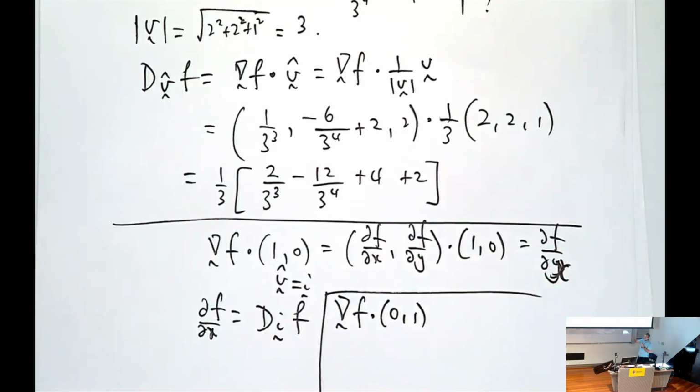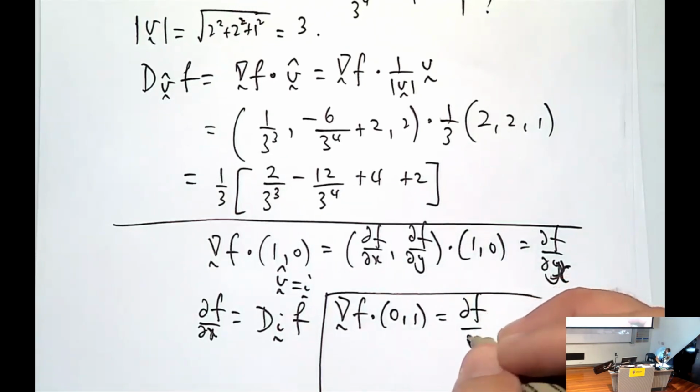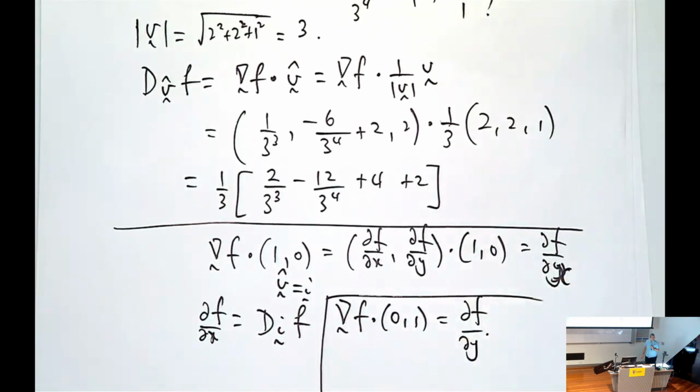Now we've got a different vector. What's that going to give us? It's going to give us df/dy. So there you go. We've recovered what we knew from the previous lectures in this new directional derivative setting.